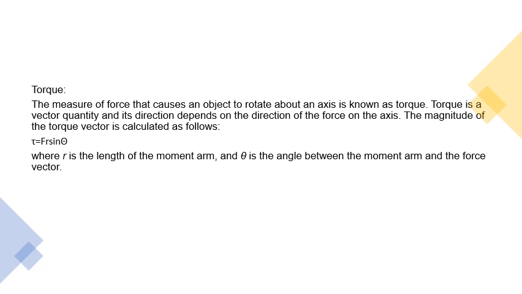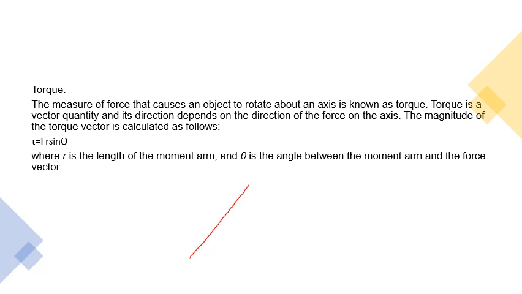The magnitude of the torque can be written as F r sin theta. r is the length of the arm and theta is the angle between the moment arm and the force vector. If you want to check this, you can draw it like this.